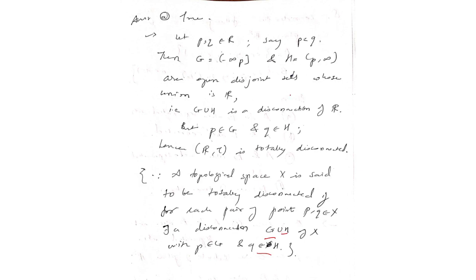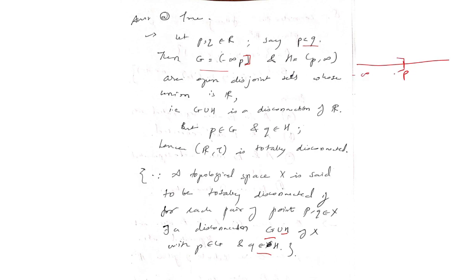So let P, Q belong to R. Let P be less than Q. Then let us define G as minus infinity to P and H as, here it is closed.